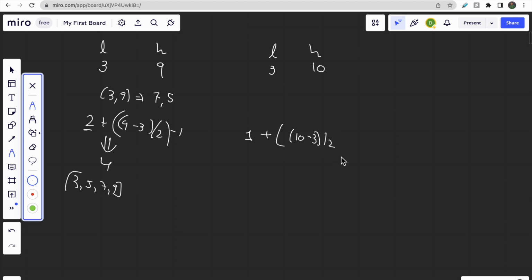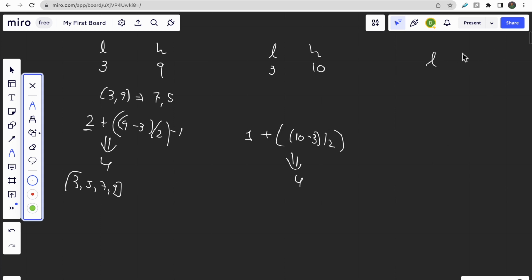If you are wondering about the by 2, it is because half of the numbers would be even and the other half would be odd. So here 10 minus 3 is 7, and 7 by 2 is 3. So our total answer is 4, that is 3, 5, 7, 9.